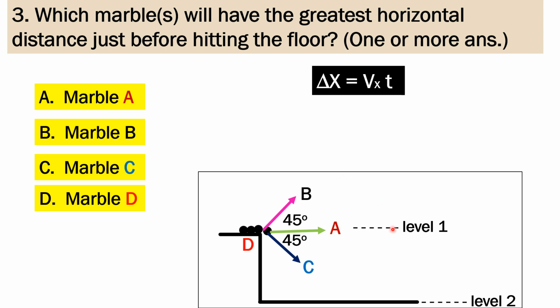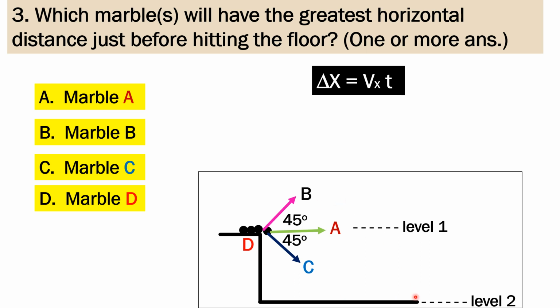At that instant, marble B's speed is just equal to that of marble C when marble C was just starting to move. So the fact that marble B still goes up, then comes down, means that it takes longer time for marble B to travel that distance, horizontal as well as vertical.